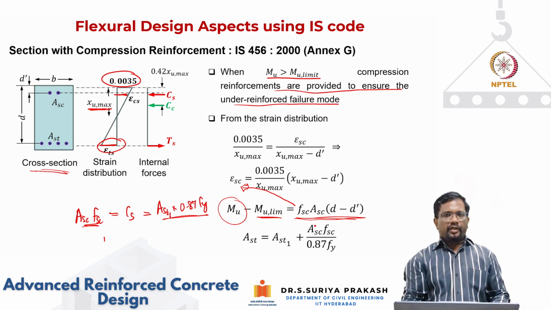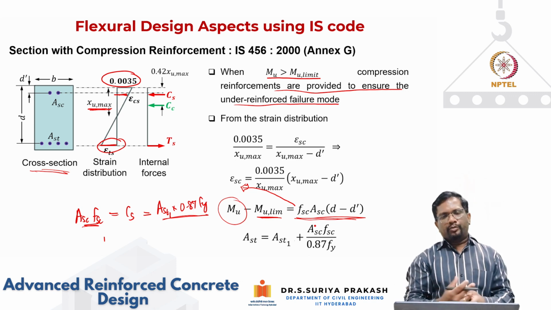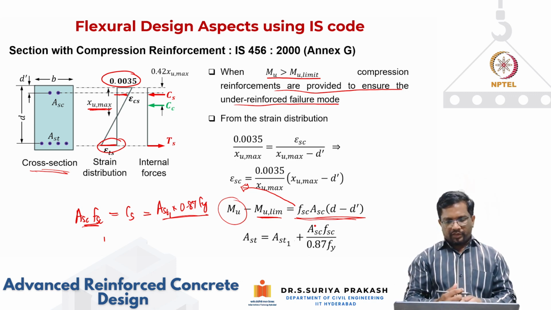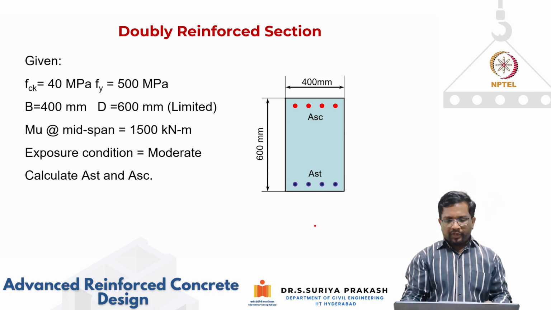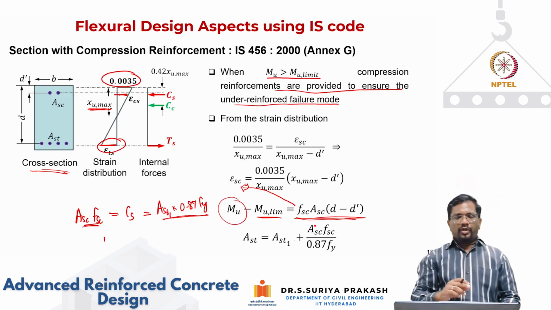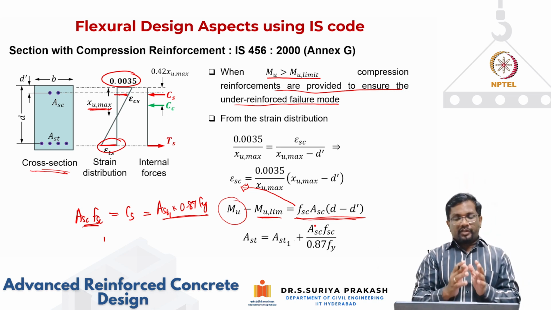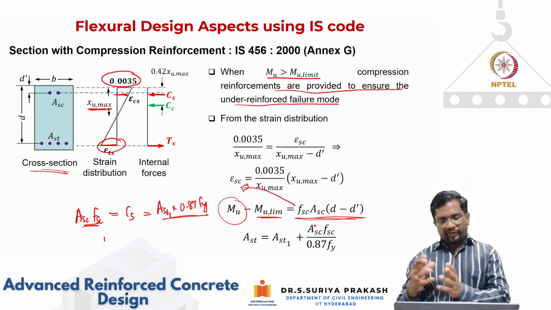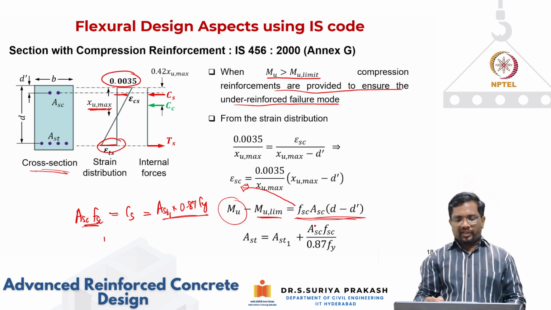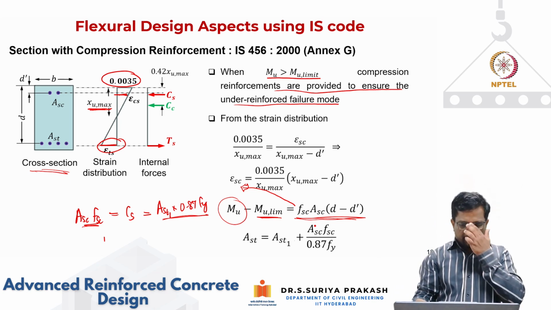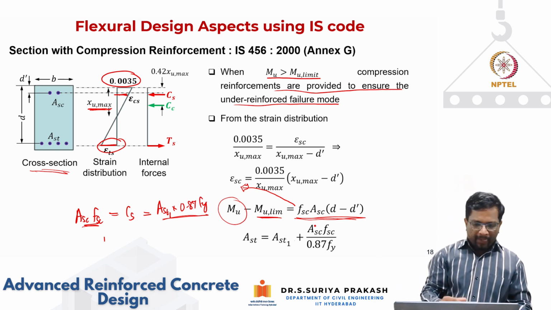So from here we can get the additional steel that I need to put on the tension side. Okay, so now let's see how to do this analysis. That will have two components. One is the Ast limit that is coming from a singly reinforced section, plus the total additional steel that I need to get. Okay, so this would be your force.